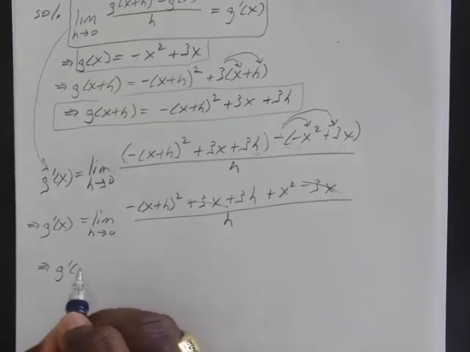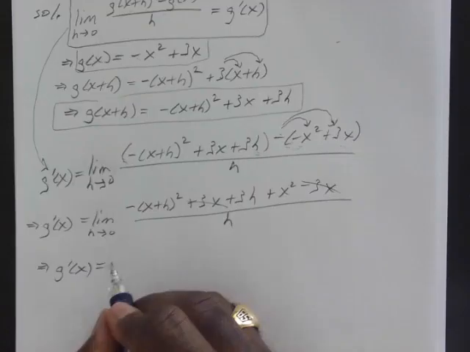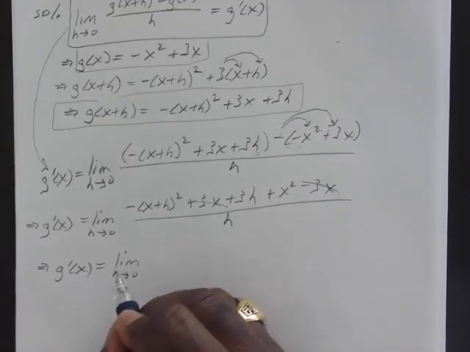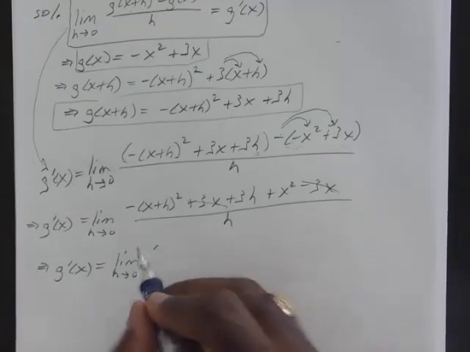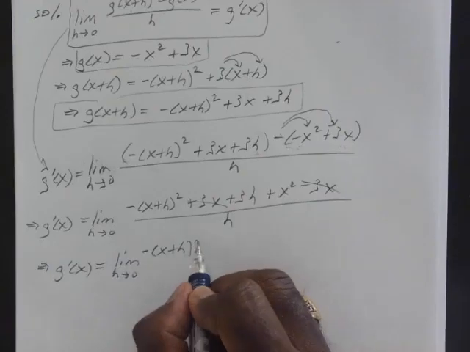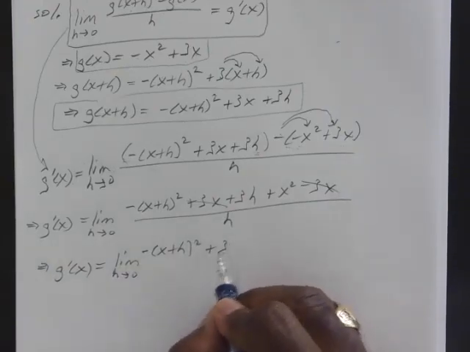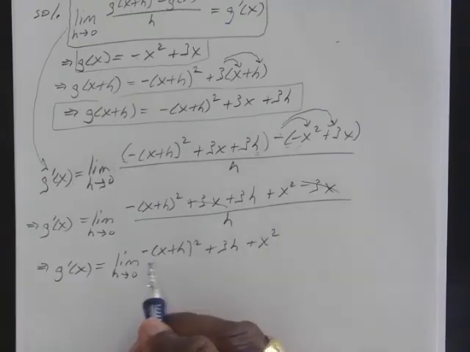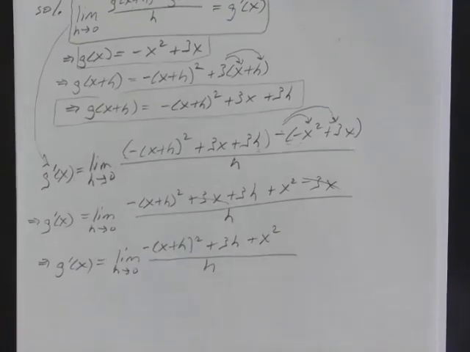So that gives us g prime of x is equal to the limit as h approaches 0 of negative x plus h squared plus 3h plus x squared divided by h.